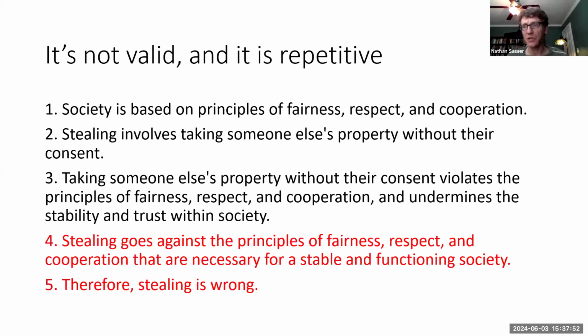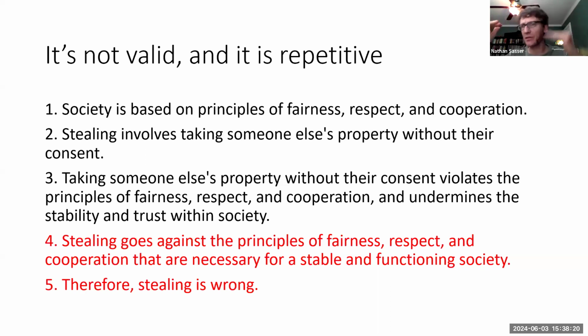Now, there's 2 issues with the argument at this point. Although it's got a lot of good ideas, you might have noticed that it's getting really repetitive. We've got a lot about fairness, respect, and cooperation in there. At the same time, it's not logically valid. Here's what I mean by that. The premises don't necessitate the truth of the conclusion. This doesn't fit into any implication rule that is valid.